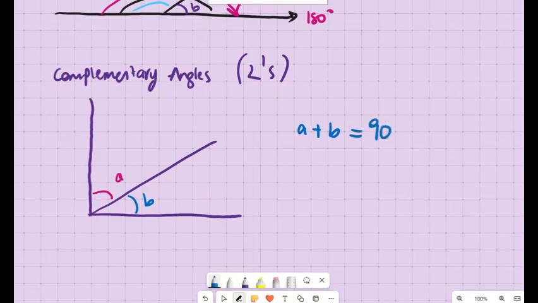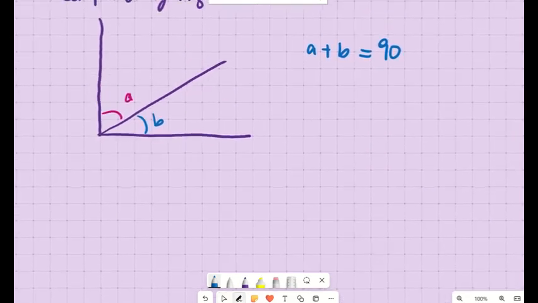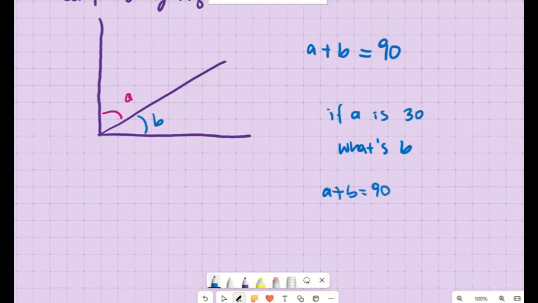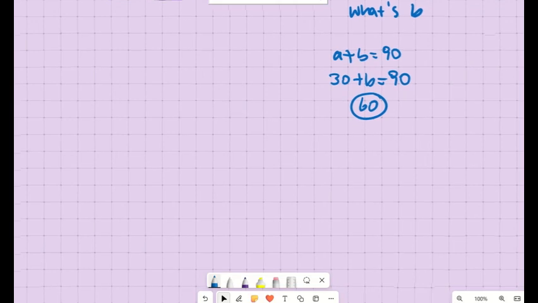These are complementary angles. So now you can ask this kind of question. If A is 30 degrees, what is B? I can find that because I know A plus B is 90. A is 30, plus B is 90, then B has to be 60. So that is why it is important.